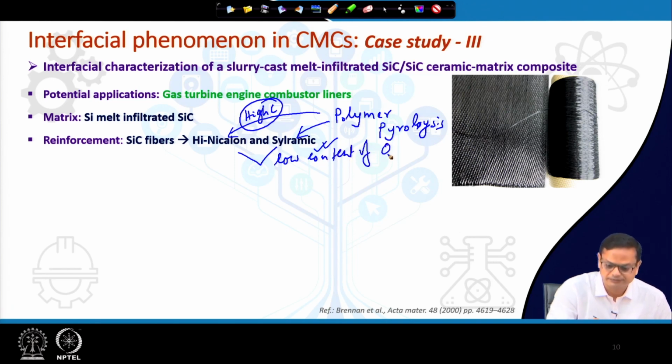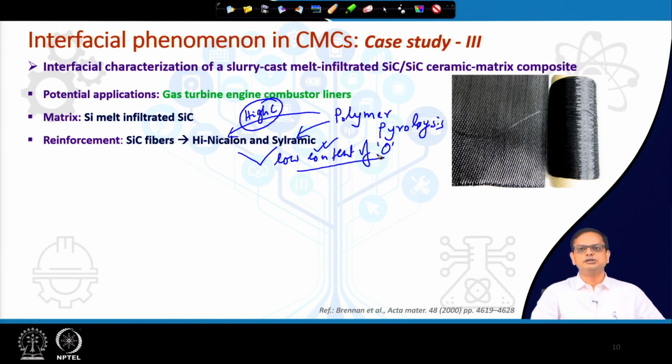In both cases, both have low content of oxygen, which is good, because during polymer pyrolysis you have to get rid of those other elements. There is a step during polymer pyrolysis which is stabilization, where oxygen atoms get attached with the structure, and that ultimately finally gets removed also.